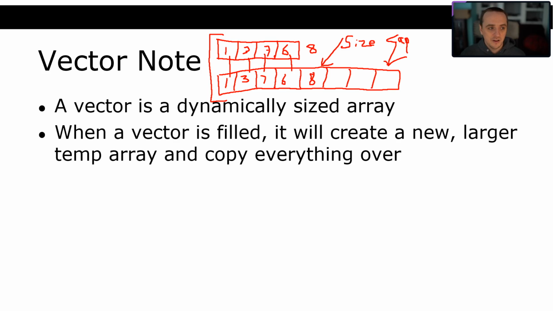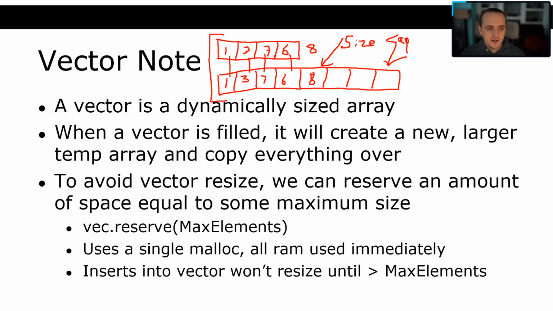So if I add 1,000 elements to a vector, what may be happening underneath is that the vector has had to resize itself like 10 times. And every time it resizes, it has to copy all the data over. And that's really slow. So what we can do, pretty much any time you allocate a vector that's going to be storing a lot of things in it, is use the reserve function.